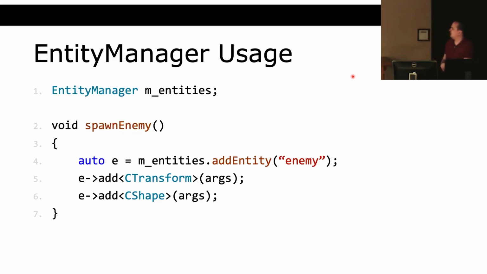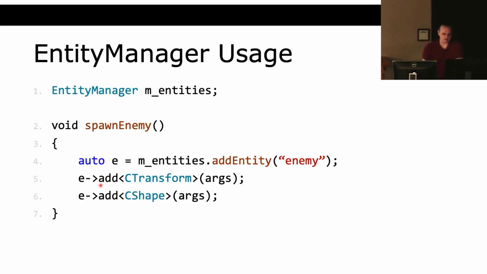So the spawn enemy function is going to say auto e equals m_entities.addEntity, and then give it a tag. And the reason we want to have that reference, or the copy of the shared pointer, is then I can just add all my components to it. So, hey, EntityManager, please create me a new entity. It's just going to default construct this entity and give it the tag and the ID.